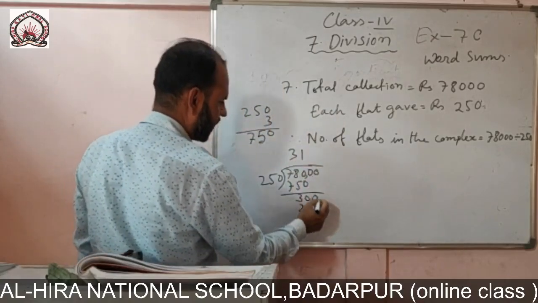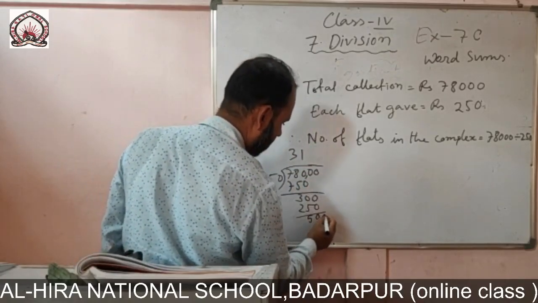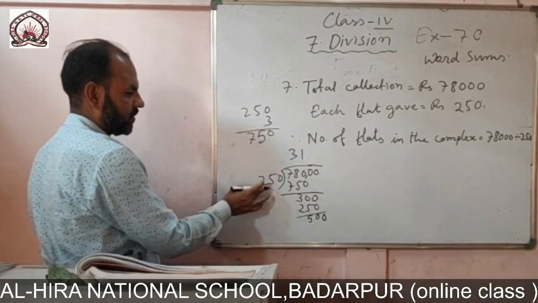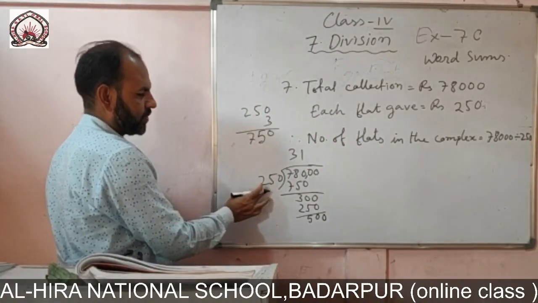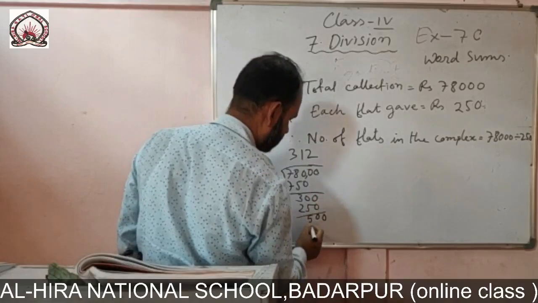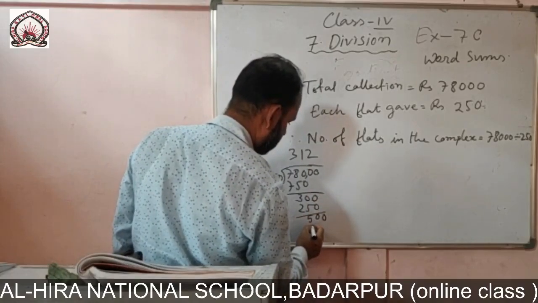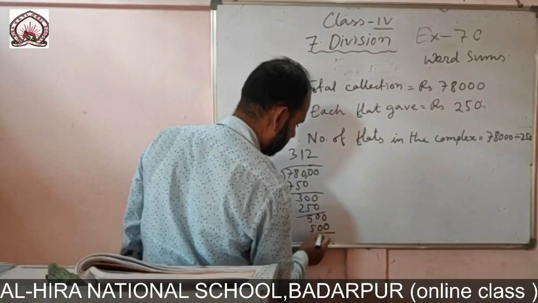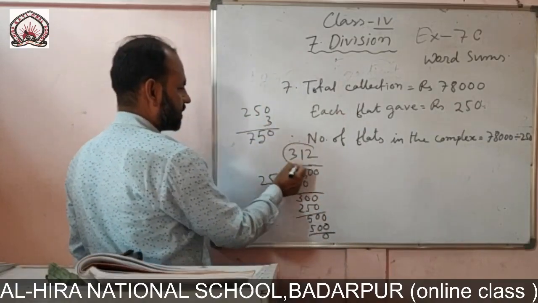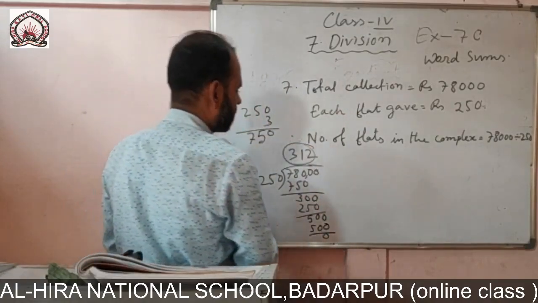Now we take down this 0 here, then it is 500. 250, 2 times is 500. So answer is what?